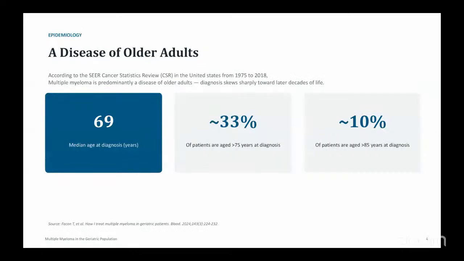Multiple myeloma is an incurable malignancy of plasma cells. It's predominantly a disease of older adults, with the median age at diagnosis being 68. According to the SEER Cancer Statistics Review, which collects data in the United States, a review including data from 1975 to 2018 concluded that the median age at diagnosis was 69.